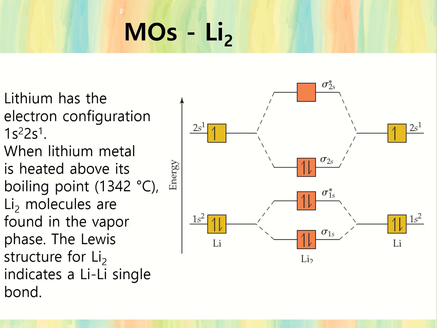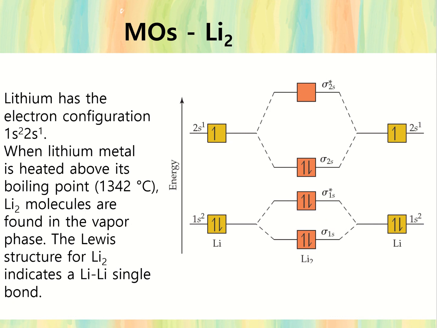All right, so let's see if we can use that to put together another molecular orbital diagram, this time using lithium. Lithium has an electron configuration of, sorry, not 1s2, 2s2, but 1s2, 2s1.